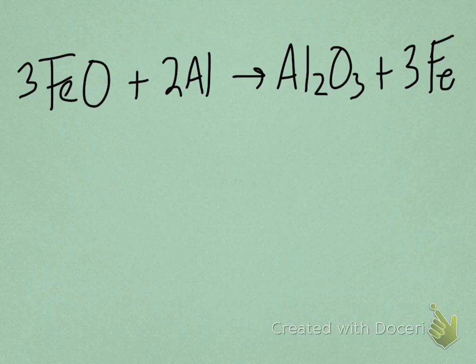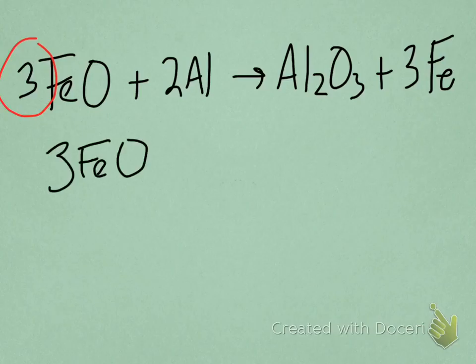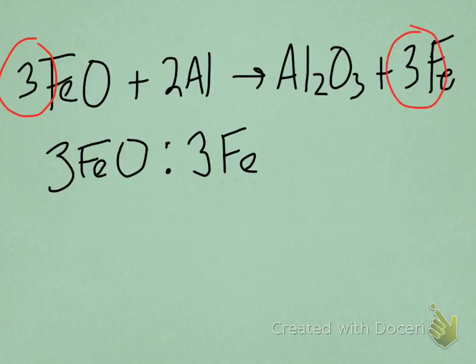Mole ratios are literally just taking the coefficients from in front of the element or the compound and making a ratio. So what we're saying here is that for every 3 moles of iron oxide you react, you're going to get 3 moles of iron out. And we got those numbers directly from the balanced chemical equation.